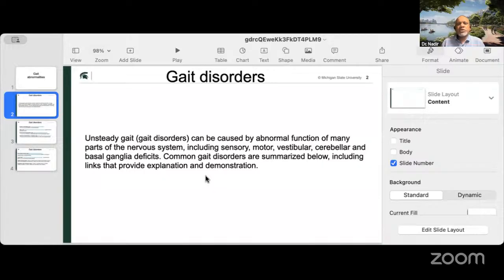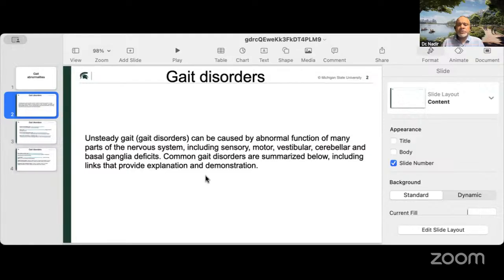But other causes of the gait abnormality include sensory problems. For example, patients with diabetes or peripheral neuropathy might present with gait abnormality.